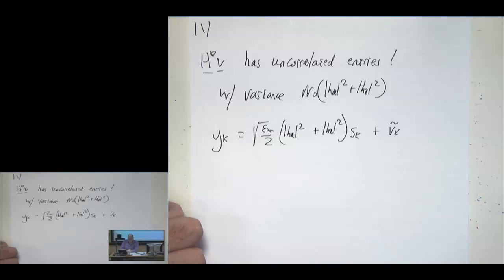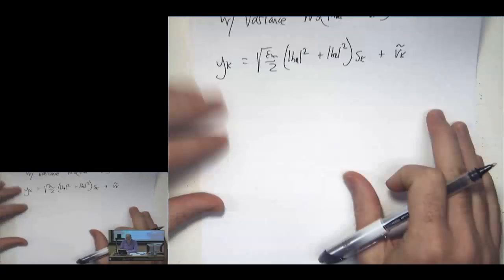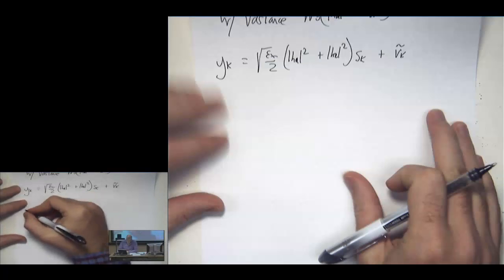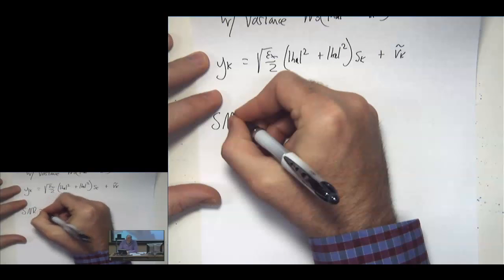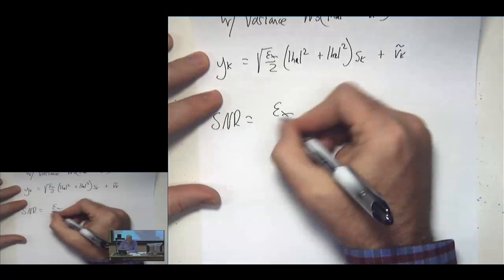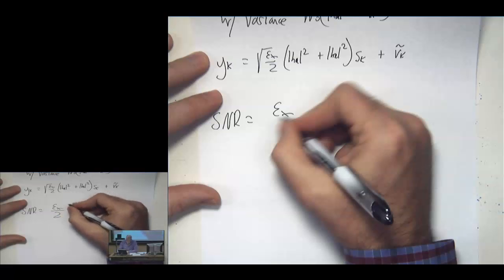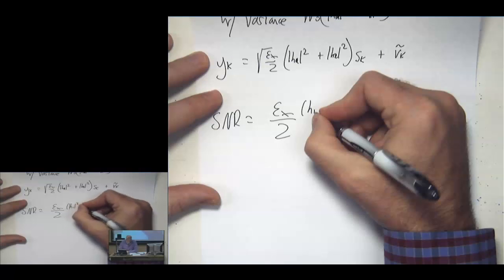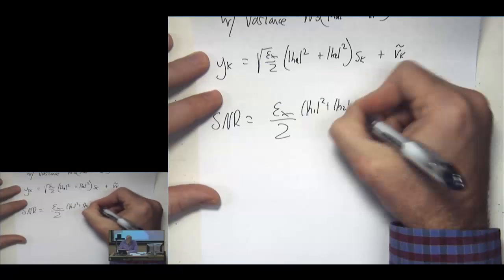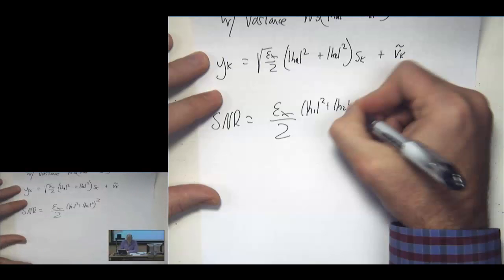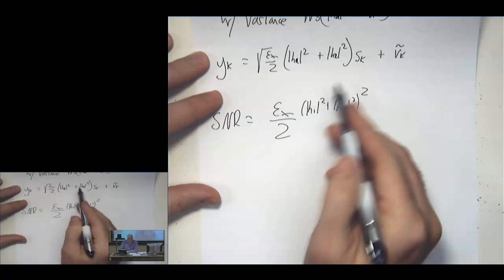What I can do to analyze the performance here now is look at the effective SNR. So the SNR is going to be Ex over 2 times h1 squared plus h2 squared, because this is real, magnitude squared.